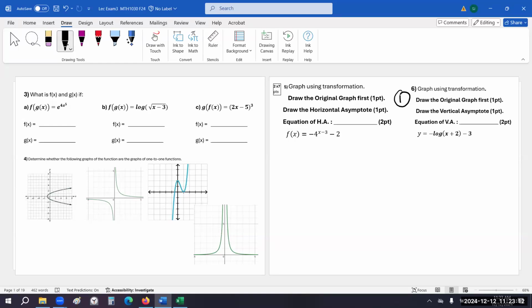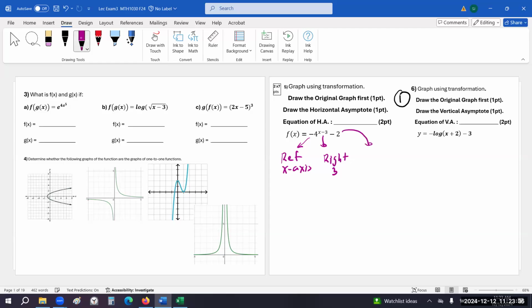So when you do that, remember, negative in front means it's a reflection about the x-axis. If you have a number next to the x, it's always left or right in the opposite direction. So minus is supposed to go left, but it doesn't. It goes right 3.